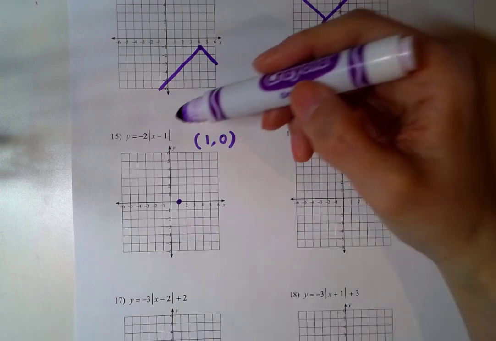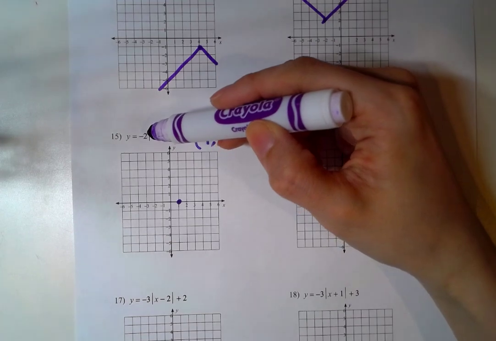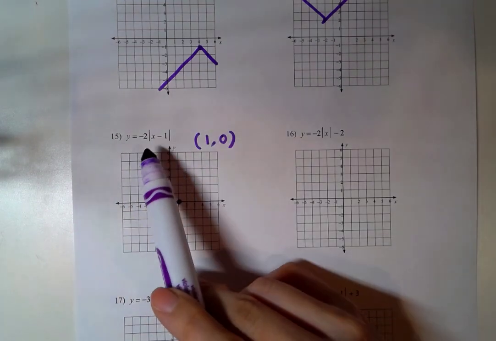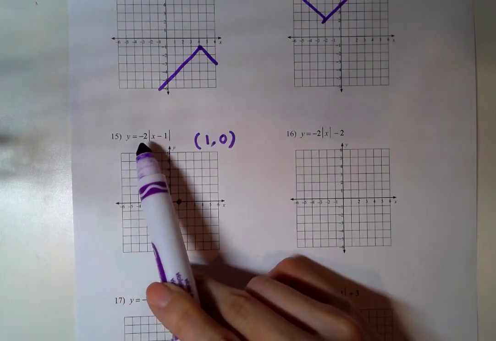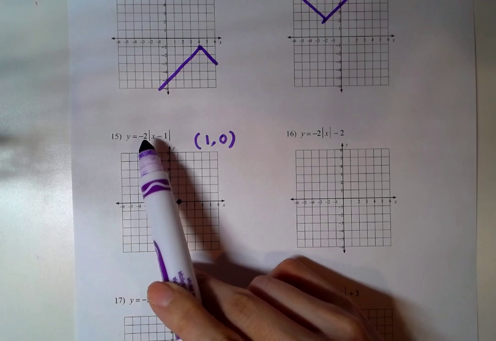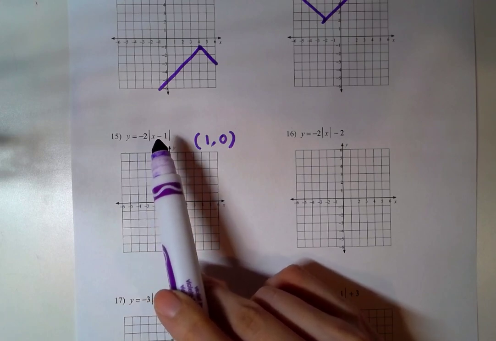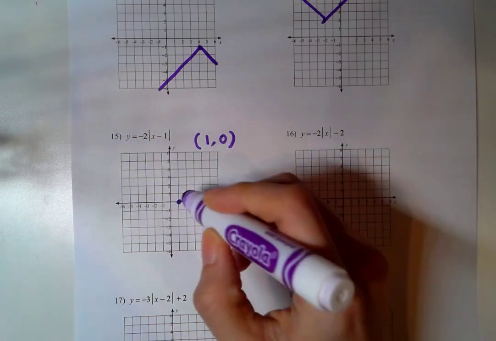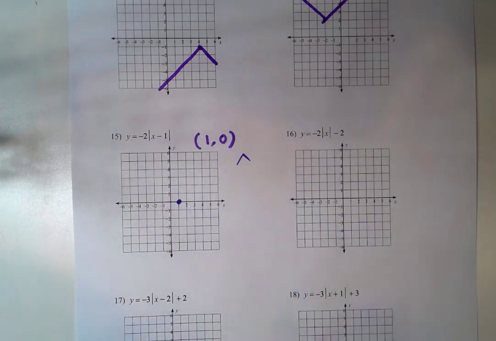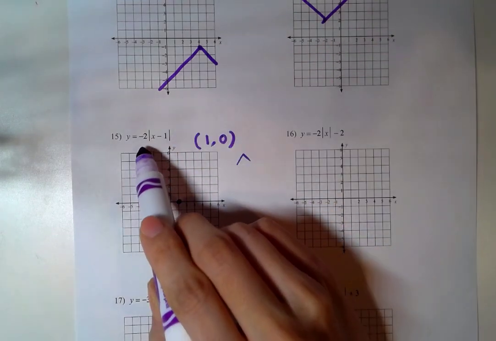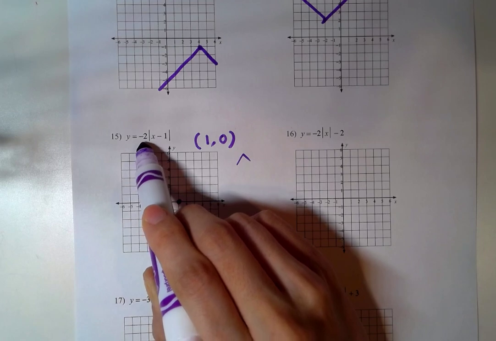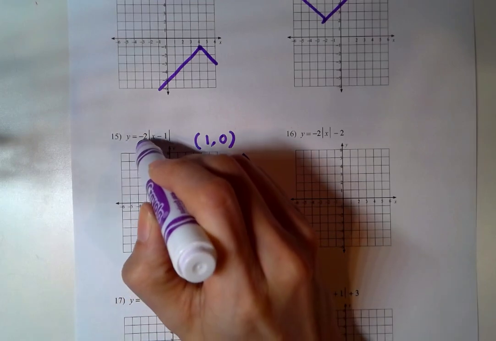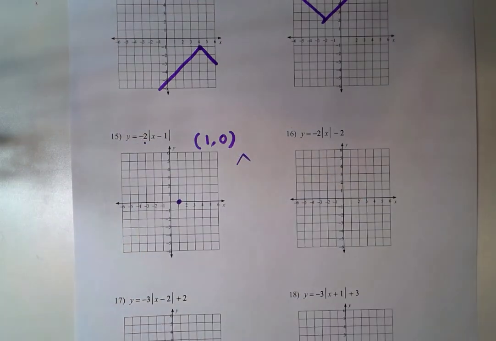And after that, look, is the sign positive or negative? Negative. Then does the graph open up or down? Down, correct. So the graph shape looks like this. It opens down, right? And then you have a number here. It's 2, right? So your slope is 2.